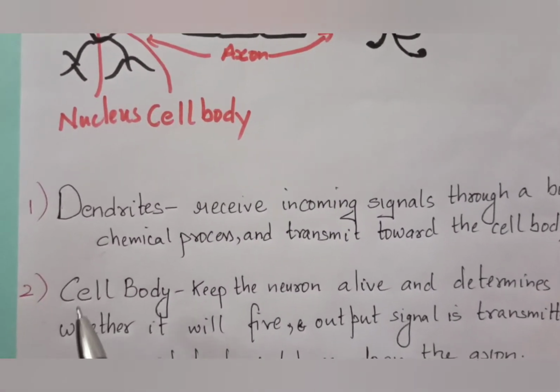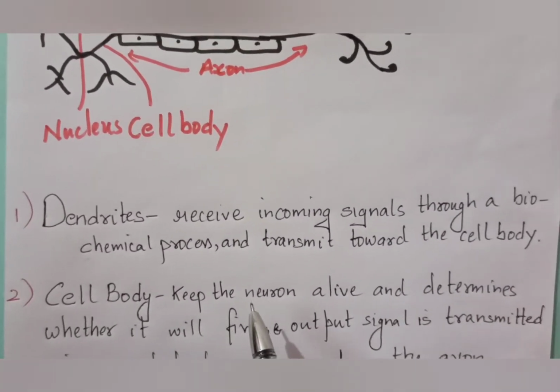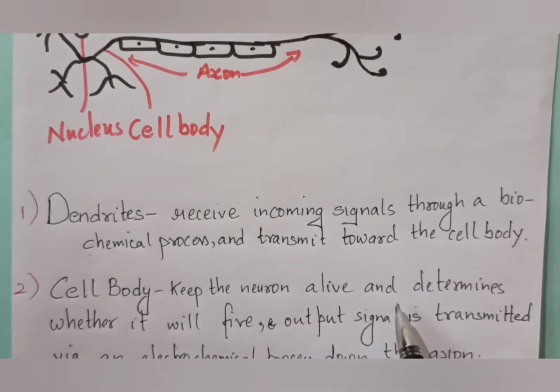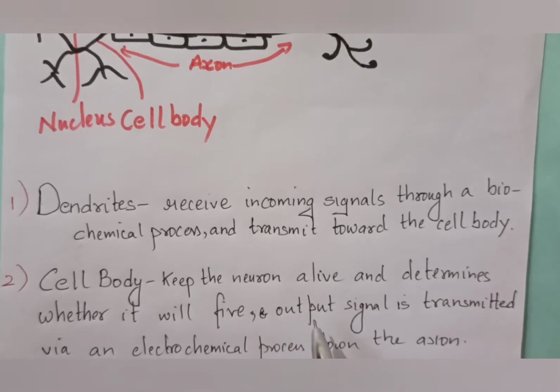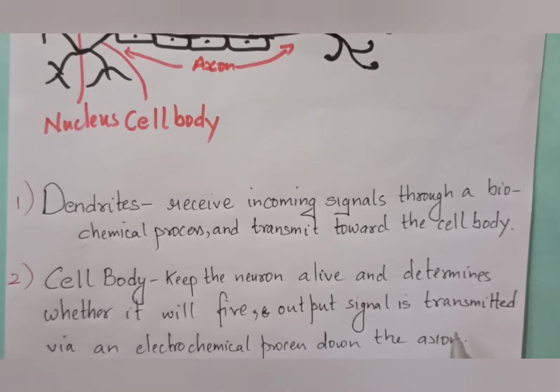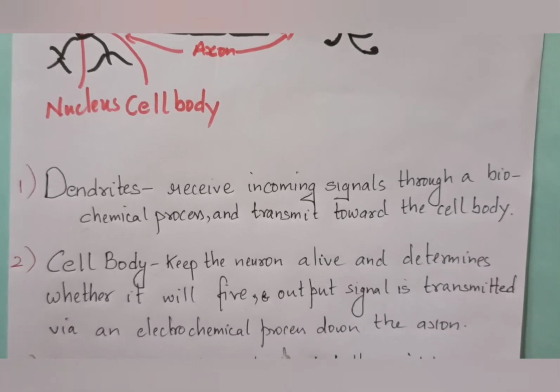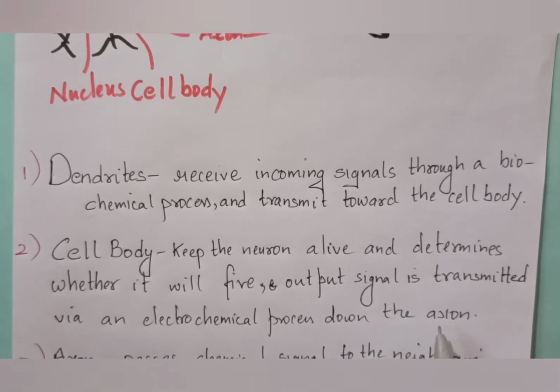Now, the cell body keeps the neuron alive and determines whether it will fire. An output signal is transmitted via an electrochemical process down the axon.